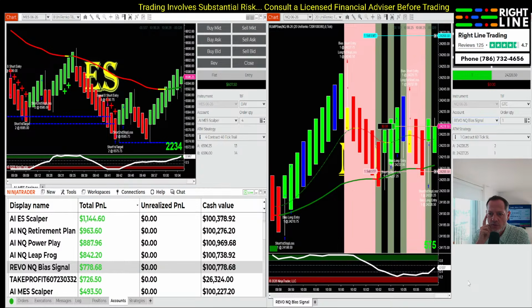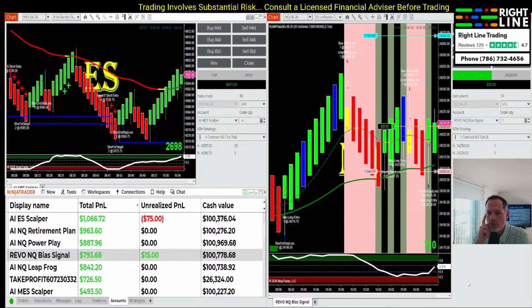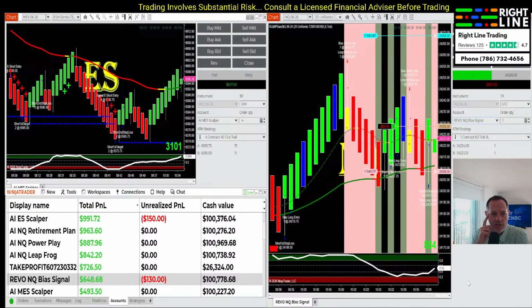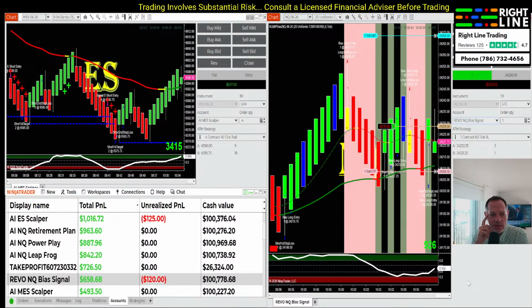Got it set up for a 20 Renko right now. Waiting for our MES scalper to take a trade on the Take Profit Trader account over here on the left. Unfortunately, price has got to move a little bit more to the north, and we're in north.